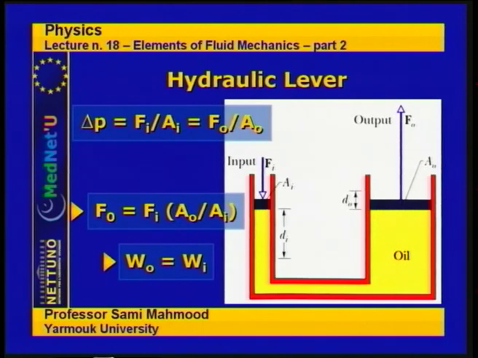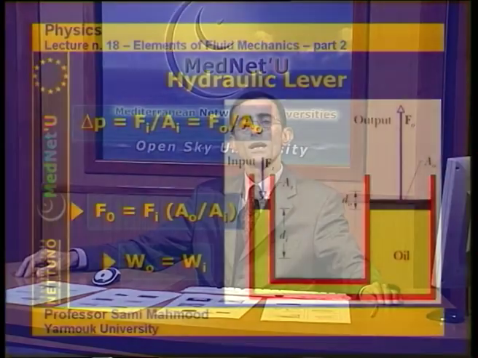And that is a consequence of the incompressibility of the fluid, since the work done is simply delta P times delta V. The work we do is delta P times the volume delta V of the fluid that we push down as we apply our pressure or our force F sub i.